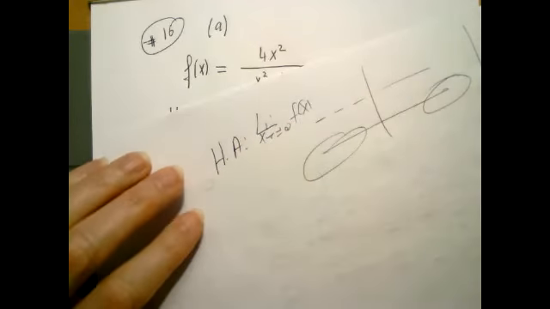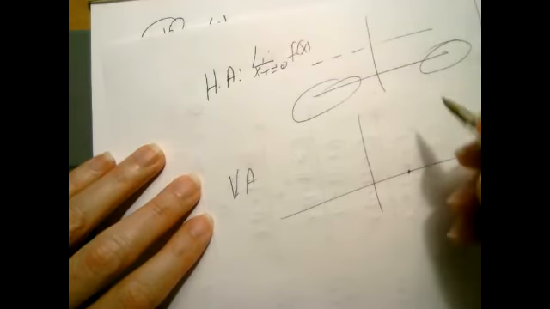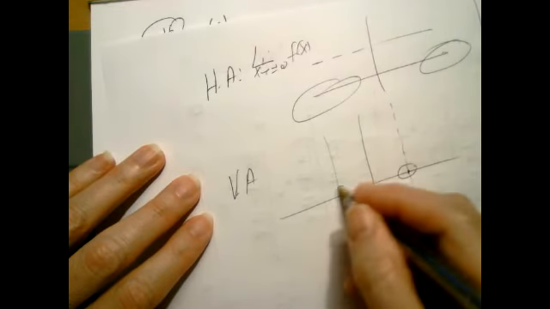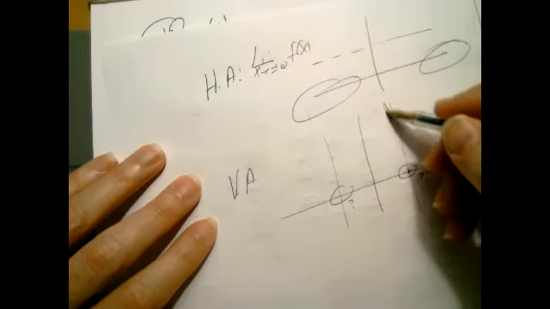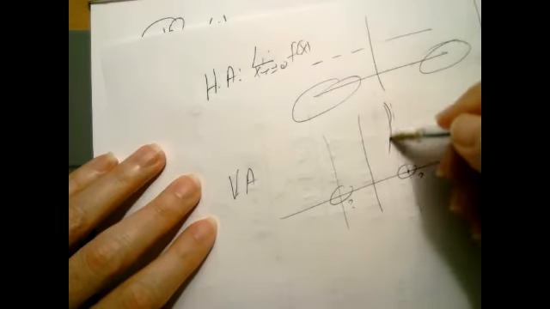That's the end behavior. Now, the vertical asymptote is basically you study what happens when the function is not defined. At some point, the function is not defined, and you're studying what's happening near that. Vertical asymptotes occur when the function blows up.